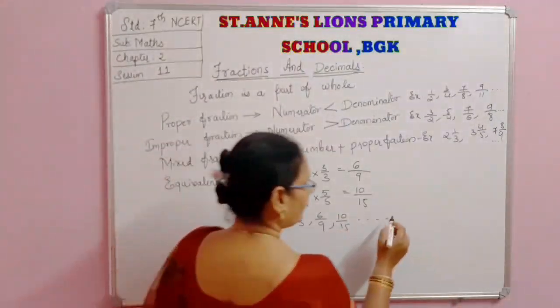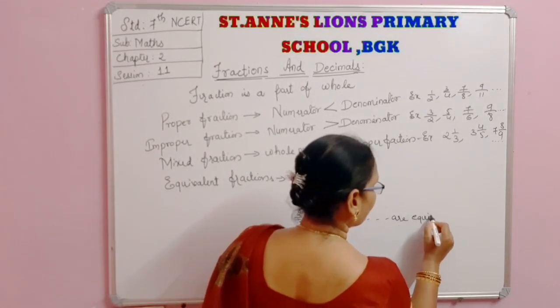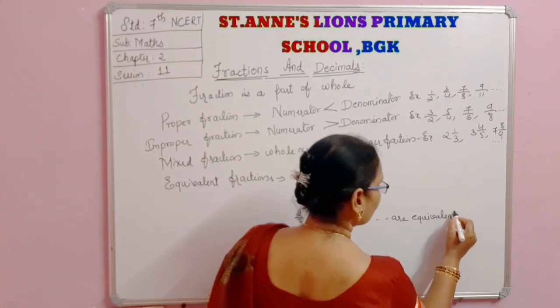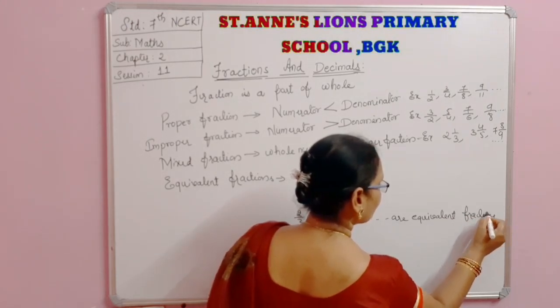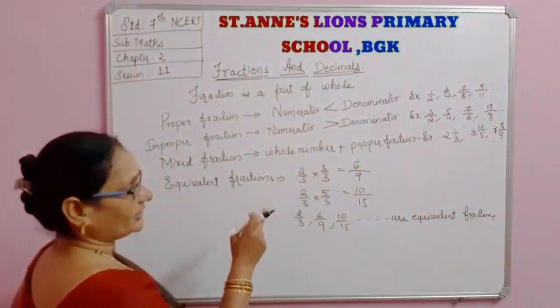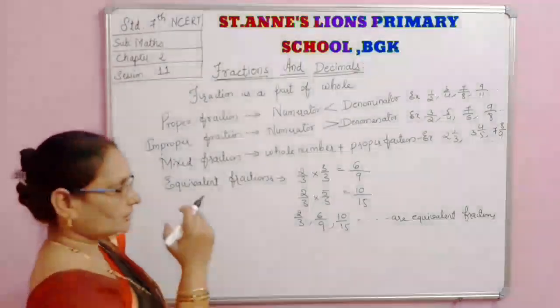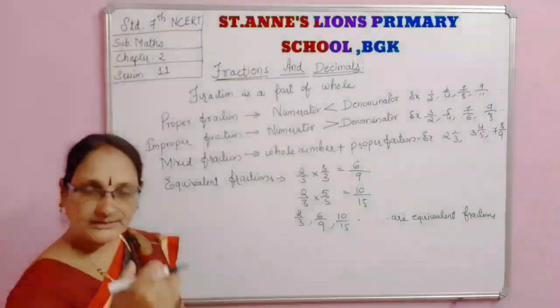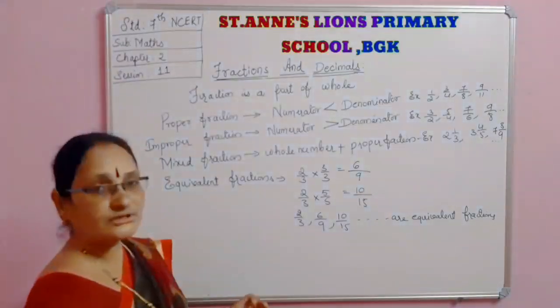These are equivalent fractions. Or even serially also you can multiply: 2 by 3 into 2 by 2, 2 by 3 into 4 by 4, 2 by 3 into 5 by 5. Like that also, serially also you can multiply. Or however you want also you can multiply.